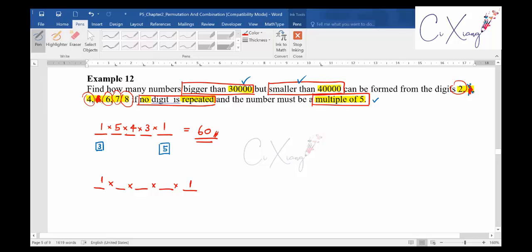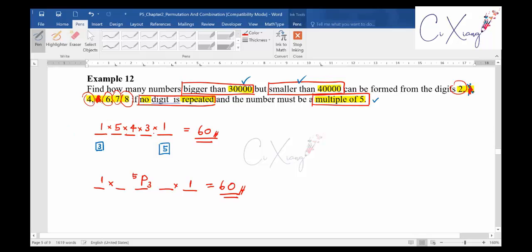Okay, so for the center 3 values here, you can arrange any 3 of them from the 5 numbers available. So if you want, you can write it out straight away by using 5P3. That means from the 5 digits here, I only want to arrange 3 of them. So I will write it as 5P3. So 5P3, the answer will be the same as 5 times 4 times 3. And then eventually you also get 60.